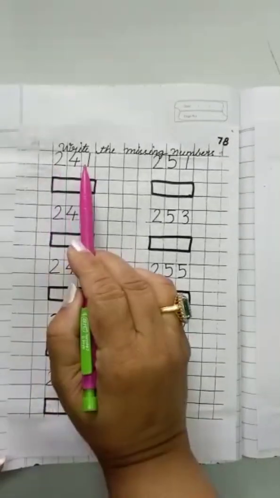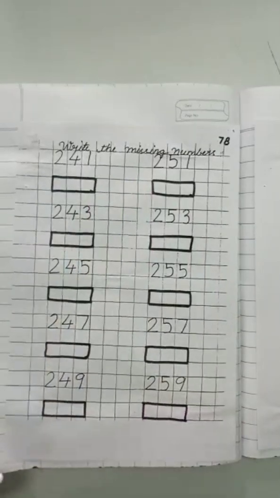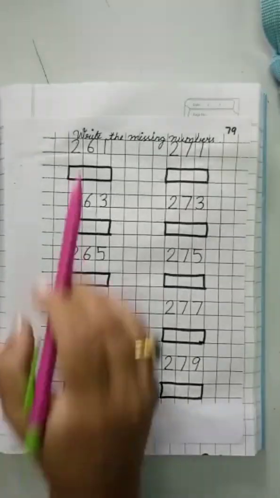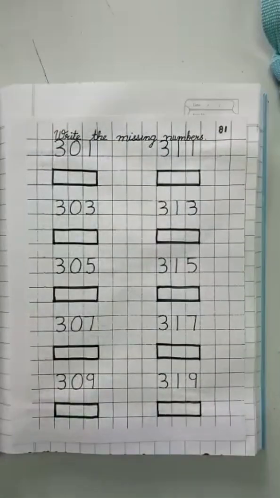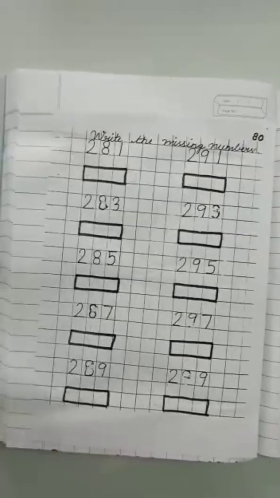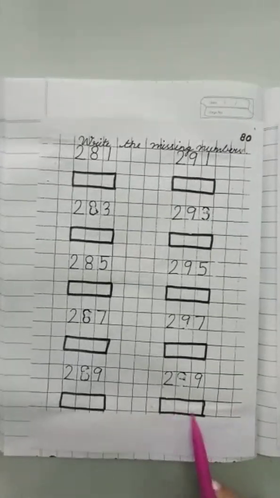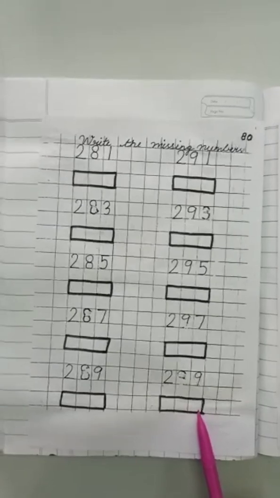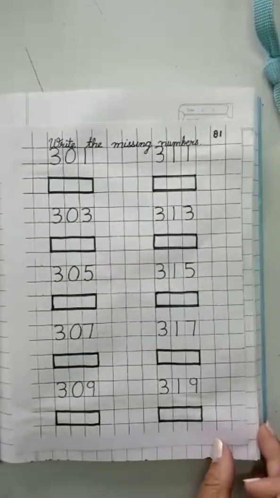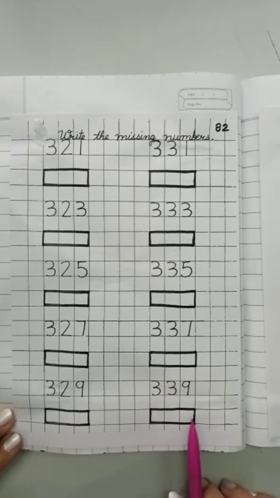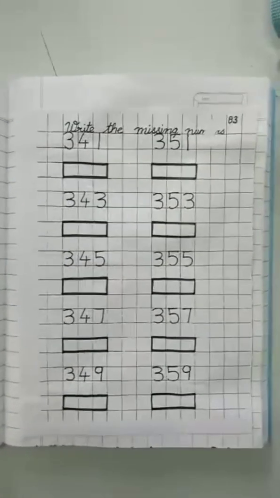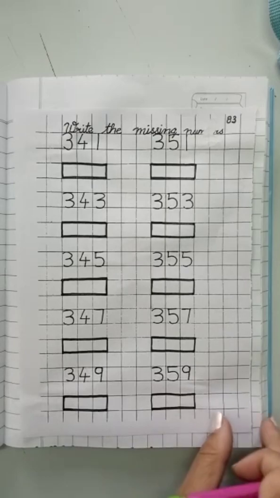Okay, then again from 241 to 260, complete this page. Then again 261 to 280, complete this page. Then 281 to 300. Okay, then from 301 to 320, then 321 to 340, then 341 to 360.